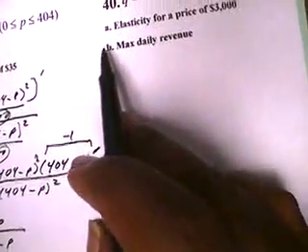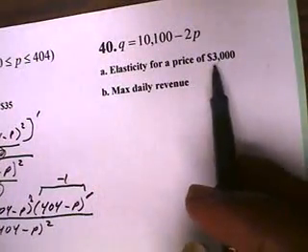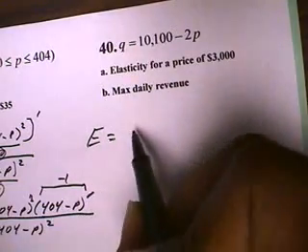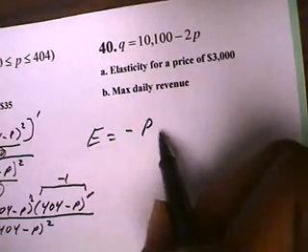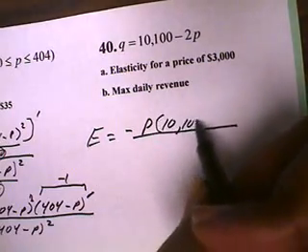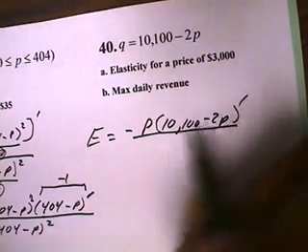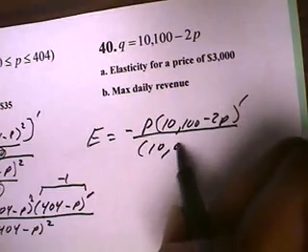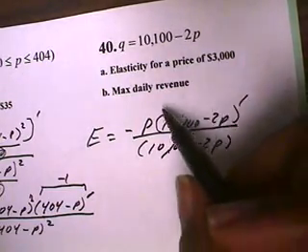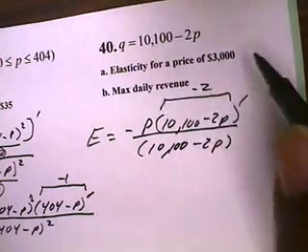Okay. Finally, we want number 40. We want the elasticity at the price of $3,000. Well, we need the elasticity formula, which will be negative price, times the derivative of the demand function, and then over the demand function. Now the derivative of the demand function will be -2.